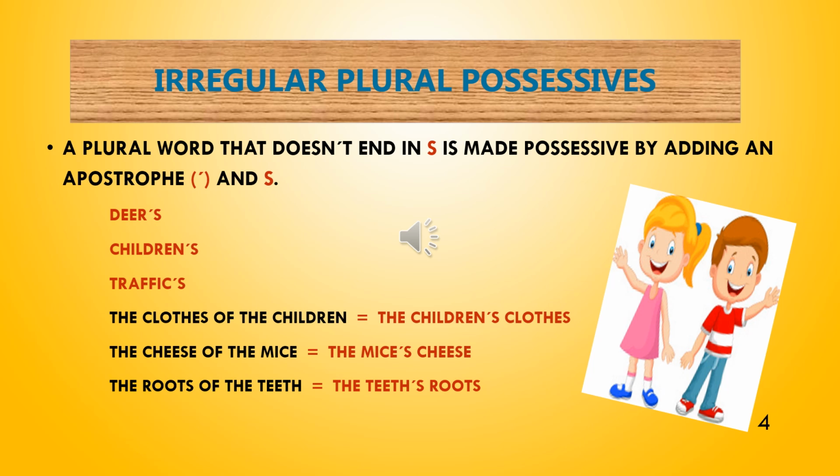Remember, you are using this to show possession, to show who is the owner or who the thing belongs to. You always use the apostrophe and then the letter S in an irregular plural word to make the possessive.